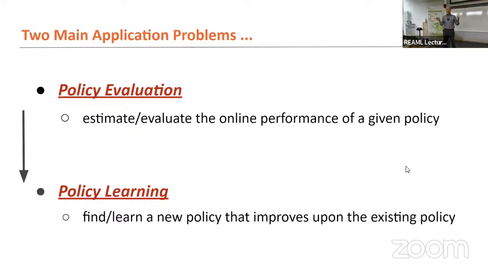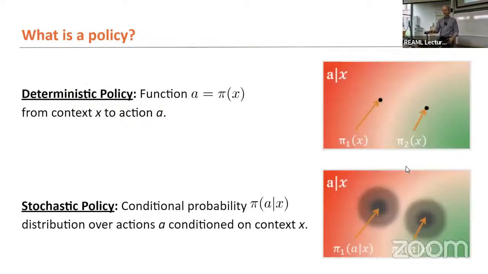The second problem is the learning problem. Now we have a whole bunch of policies, and you want to pick the best one, just like you typically have in a supervised learning problem. So let's start again with policy evaluation, because once we know how to evaluate, we can certainly also do learning, right? We can just try all of these policies and evaluate them and pick the best one.